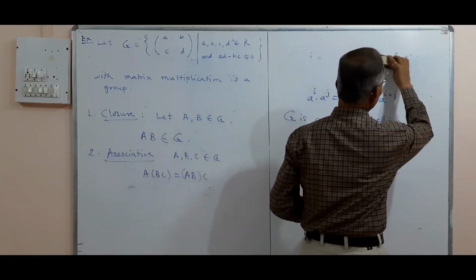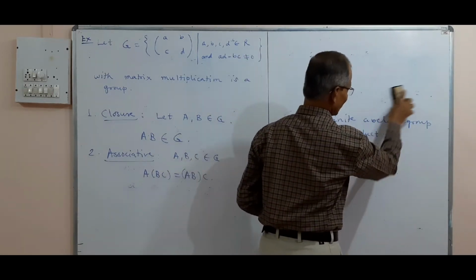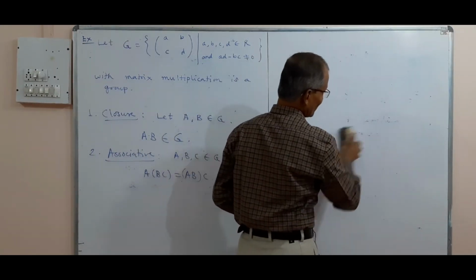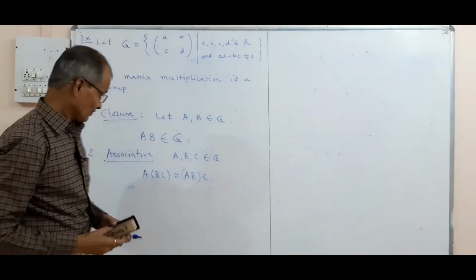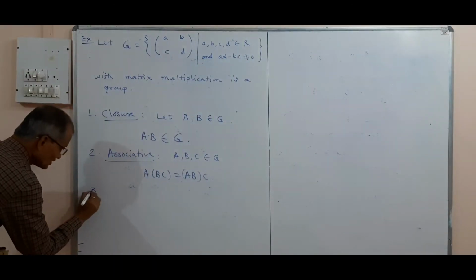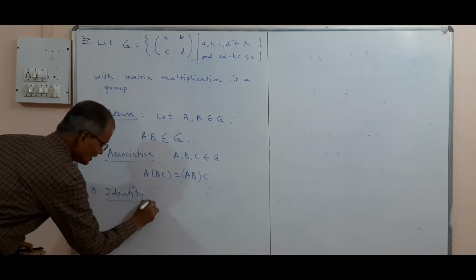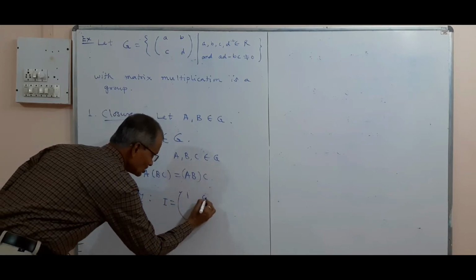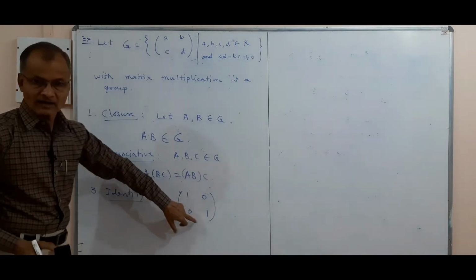We know there is a special matrix which is called the identity matrix or unit matrix, and the unit matrix of order 2 here works as the identity element. So third is identity, and the identity element I, we know, is 1 0 0 1, and you may observe the entries are real.